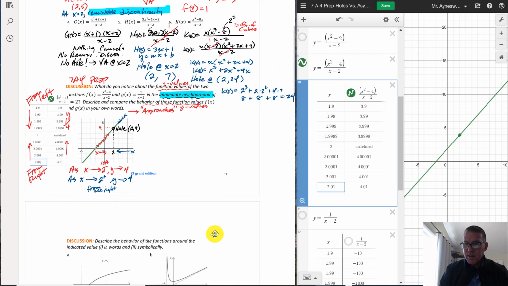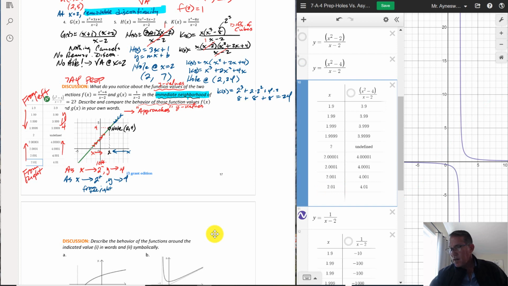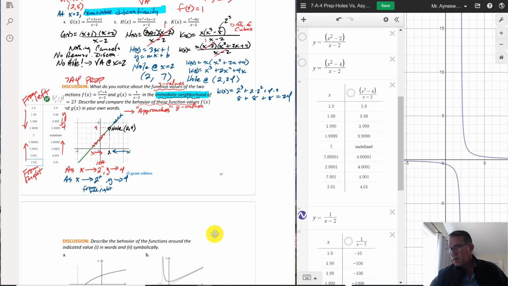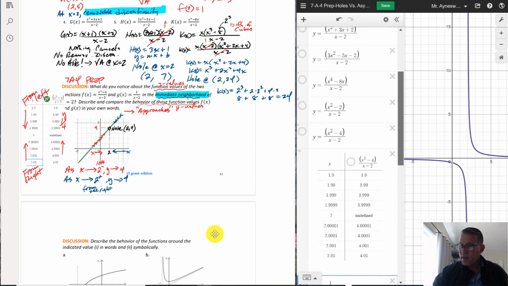Now what's happening on this other function? Let's type in g of x. Let's deselect these and put in g of x. Now g of x has an asymptote. If you look here, it's asymptotic going up, it's asymptotic going down, and notice that it happens at this vertical line where x equals 2. So I need that vertical line again.